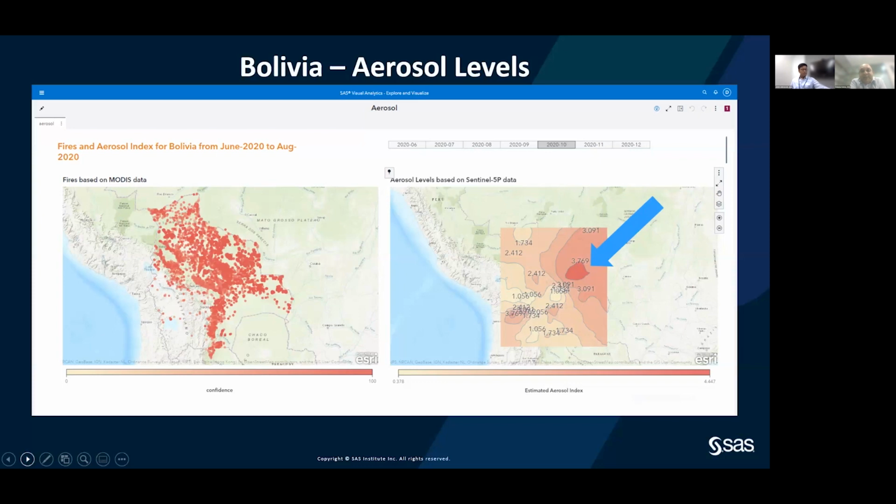And this can be extremely useful to users in order to determine the geolocations of fires in Bolivia during the season. For example, here we are seeing a region which has a higher level of aerosol value. So this could be a vulnerable area in terms of fire and could be a possible candidate to establish a fire station.